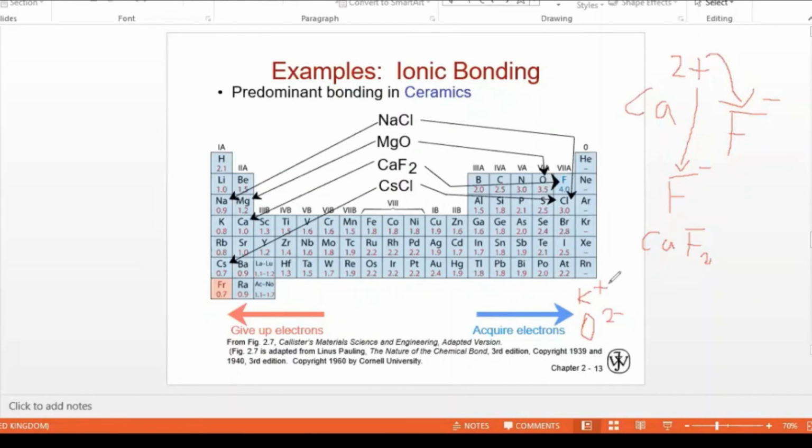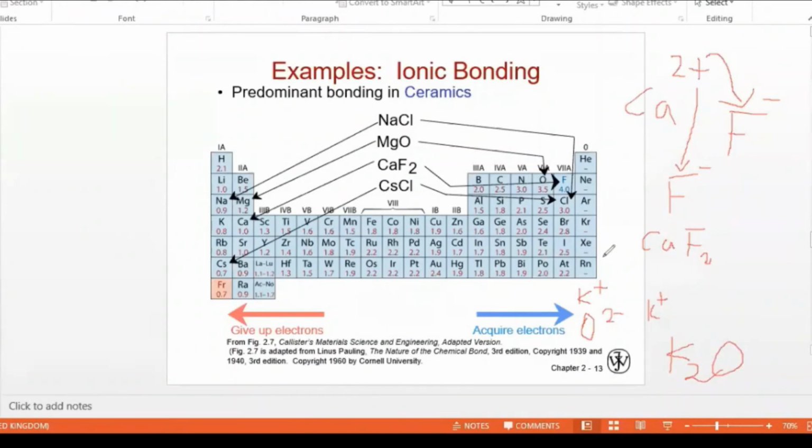So this potassium is not enough to supply enough electrons for this O, right? Because it can supply only 1 electron. So what will happen? Another potassium will come to supply the other electron to this O. So now we have 2 potassium and 1 oxygen, K2O, right?